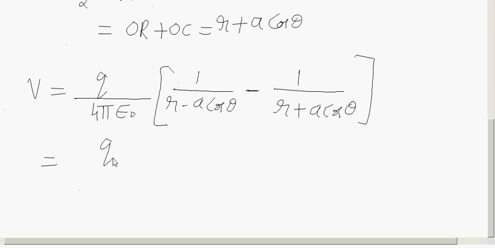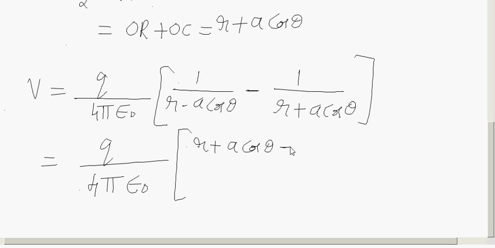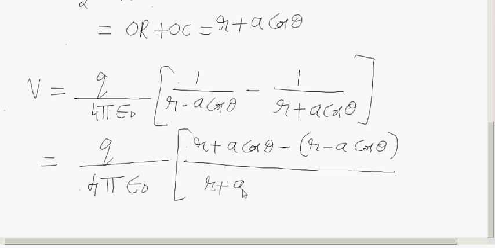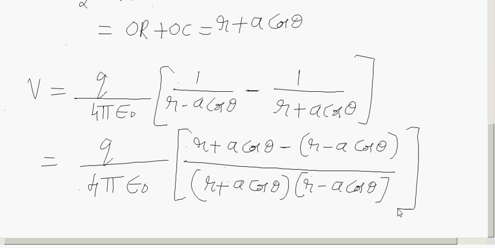Take the common denominator: R plus a cos theta minus R minus a cos theta divided by R plus a cos theta into R minus a cos theta. So taking the common denominator, you don't have any difficulty in this.